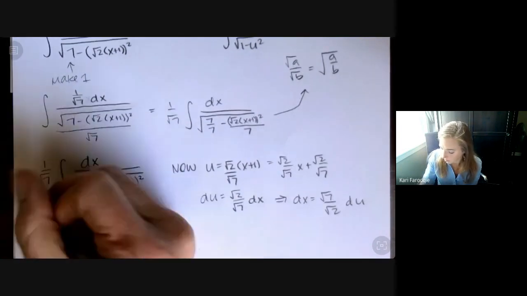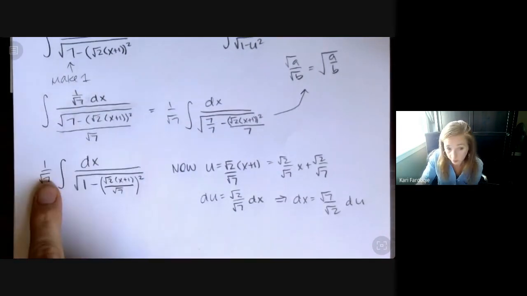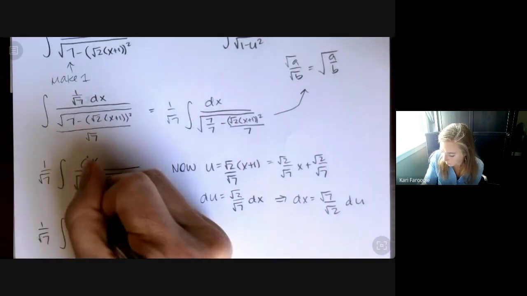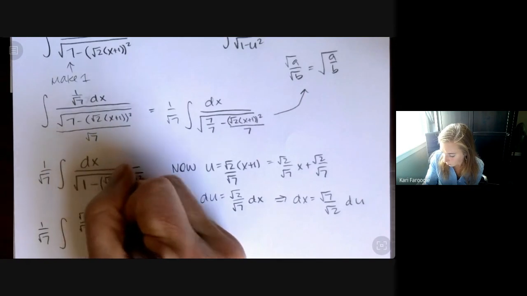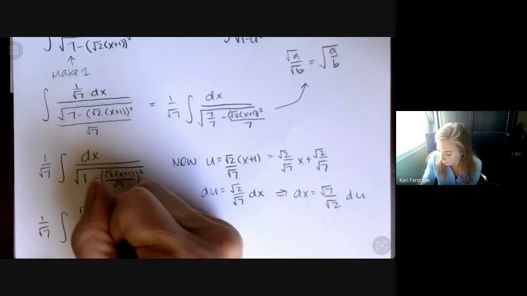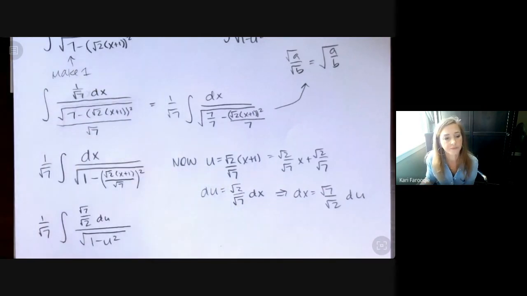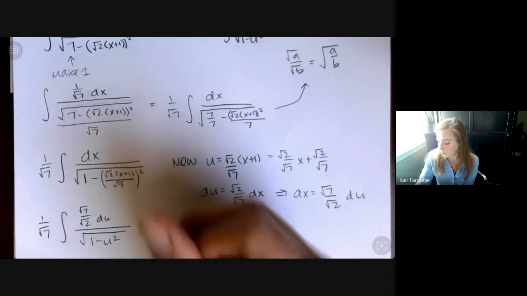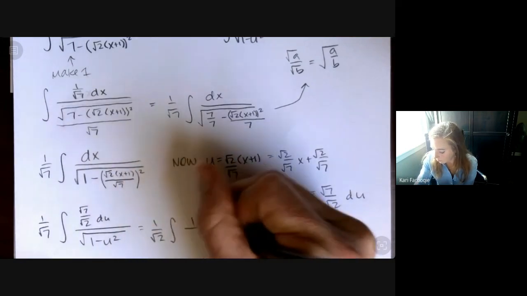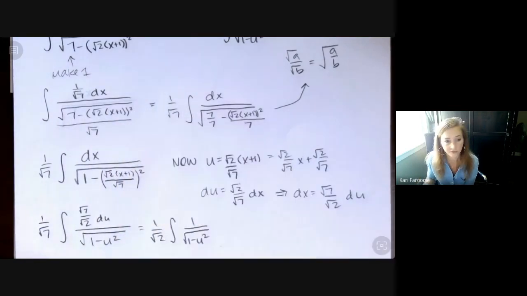And then we can say we have 1 over the square root of 7 times the integral of dx became the square root of 7 over the square root of 2 du. And then in the denominator, you have the square root of 1 minus u squared. Now the square roots of 7 will cancel, and then you'll just have this guy.